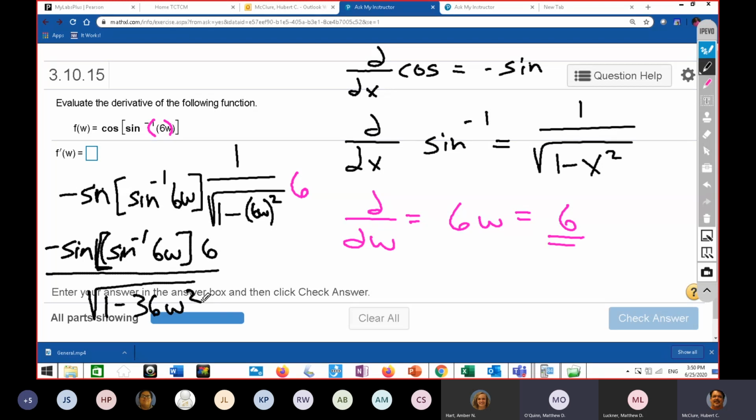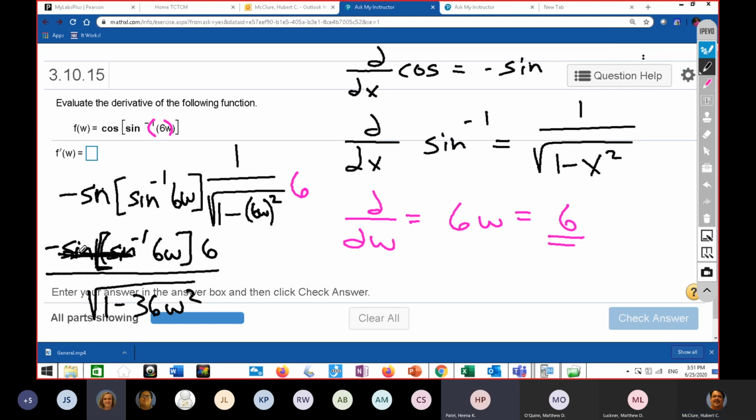And take your red pen. You know I don't use red very much. And what is sine over sine? 1. Thank you.